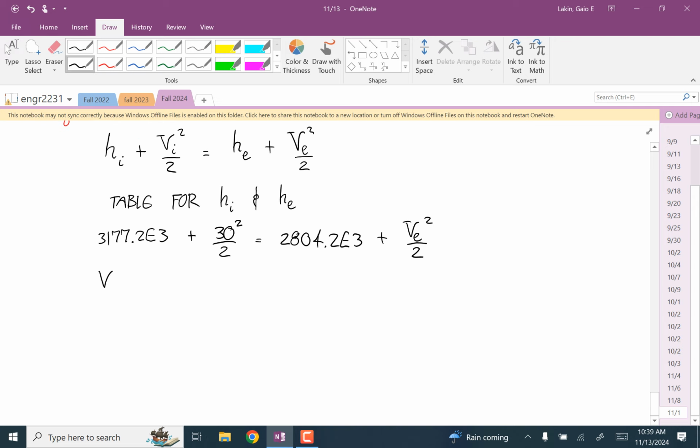And we're using this to calculate the exit speed. And you get 864.2 meters per second. Okay, so that's what this device is doing.